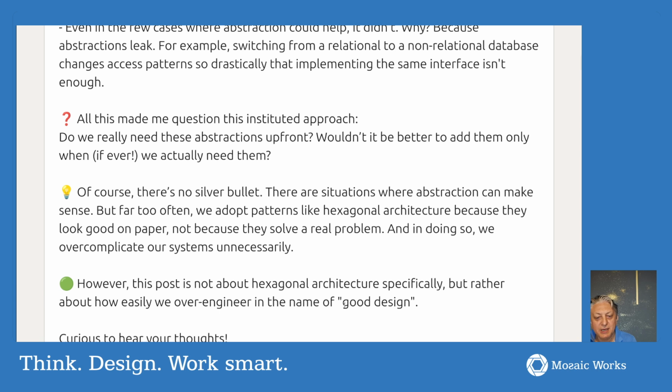All these made me question this instituted approach. Do we really need these abstractions up front? Wouldn't it be better to add them only when, if ever, we actually need them? Yeah, that is an option, but honestly, I think if you're developing using test-driven development, you will need them anyway.